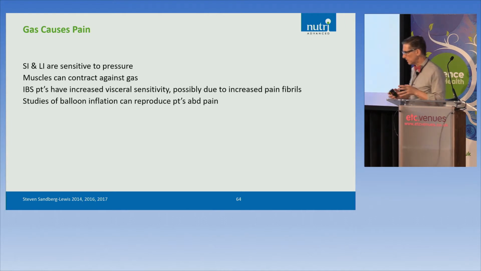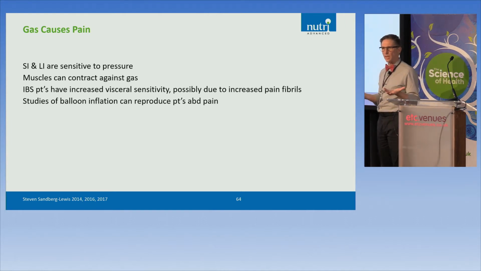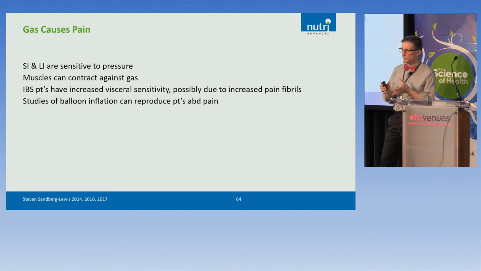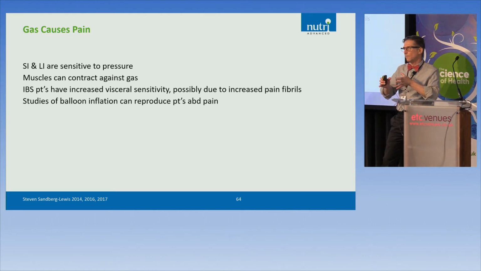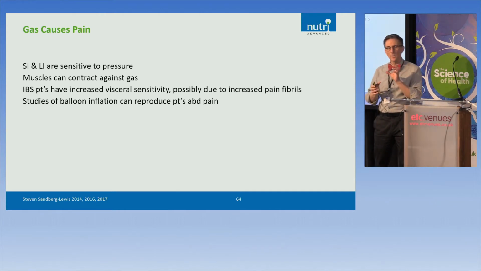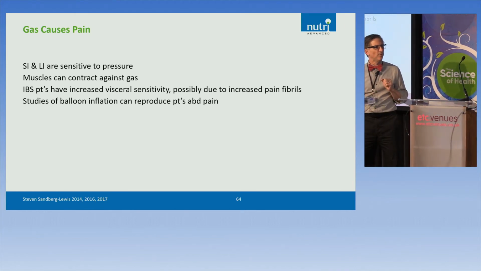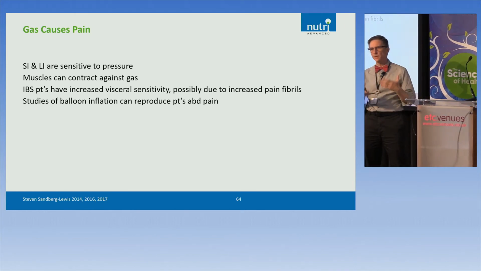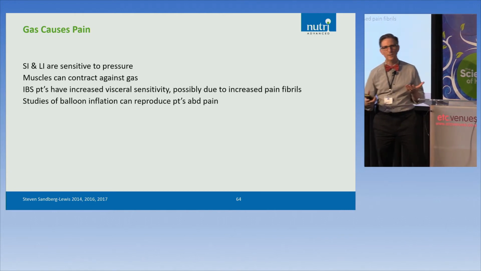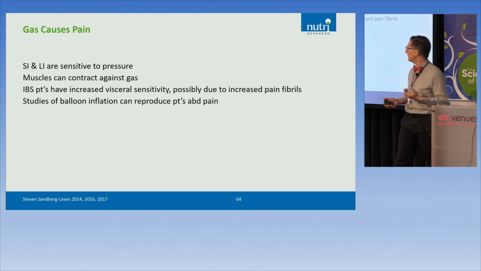Also, sometimes there's this concept of visceral hypersensitivity in which the GI tract reacts in ways that are super sensitive to distension. Sometimes, we talk about the fact that normal peristalsis feels like pain to people who have altered visceral hypersensitivity.